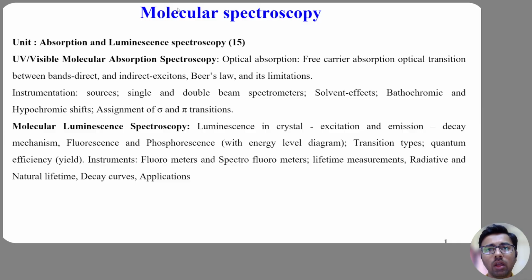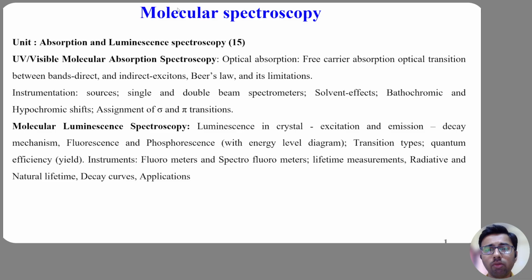We will learn how solvent polarity affects this shift. We will also learn how to identify transitions such as sigma to sigma star, pi to pi star, and n to pi star transitions. These assignments allow us to connect spectra directly with molecular structure.